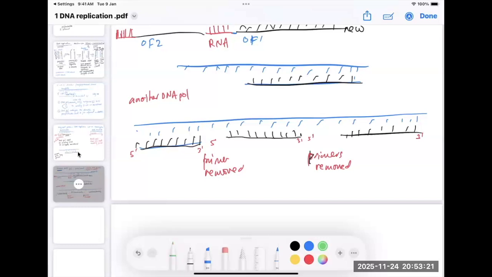From the 3 prime. Yes, excellent. It must always be from the 3 prime end, because this side here is the 5 prime end, right? 5 prime end is no use because why? The DNA pole, the first one just now, cannot go and join, isn't it? So they have to join again. All DNA pole must join from the 3 prime end.